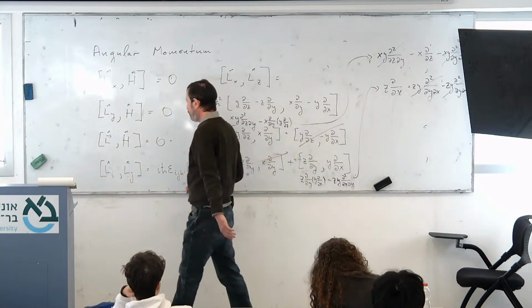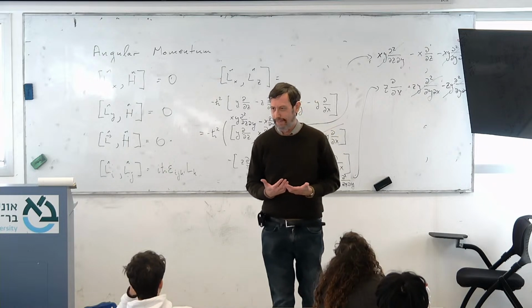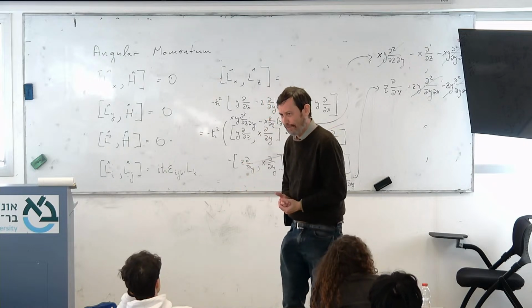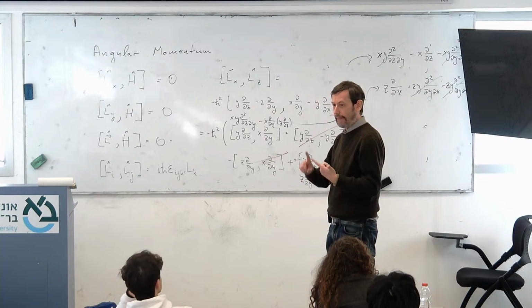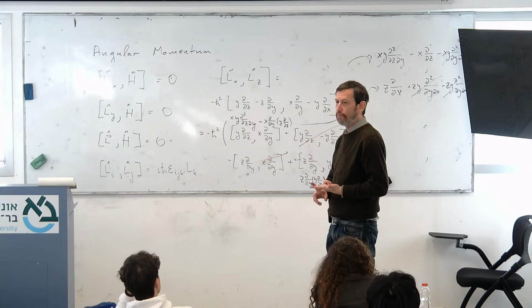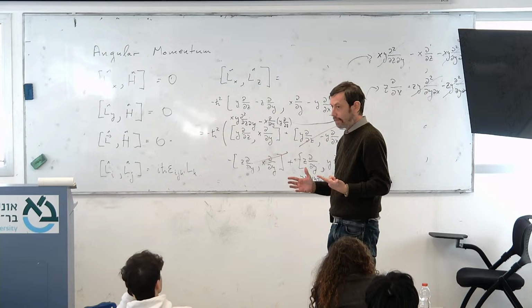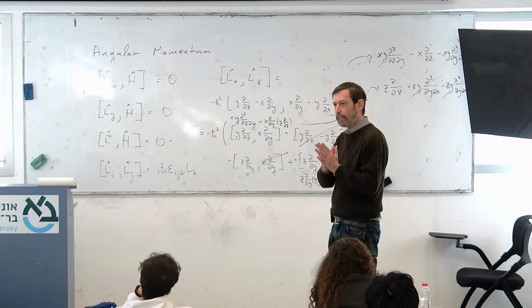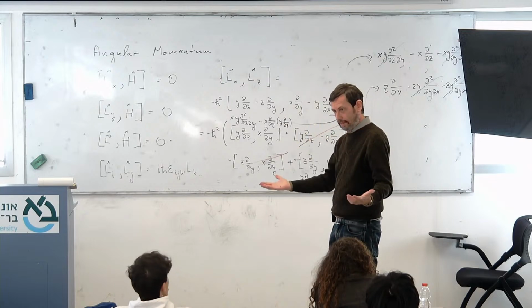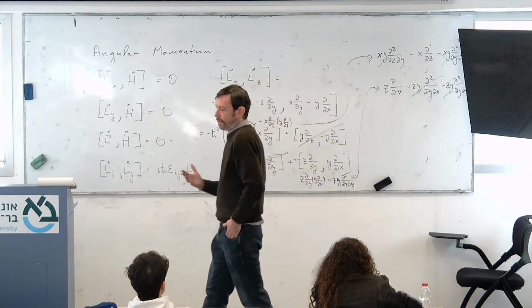Okay, so what happens here? In some sense, it's counterintuitive, at least counter-classical intuitive. I know L squared. I can know one of the components of L. I'll call it Lz, but I don't know what is Lx and Ly. So I can perform a measurement of L squared, the absolute value of the angular momentum.